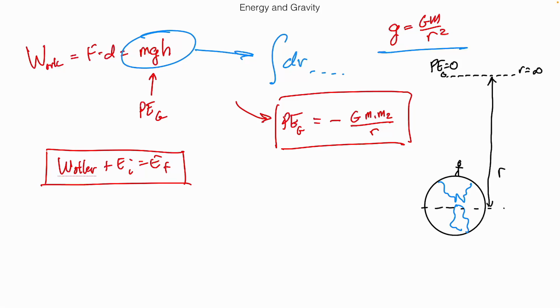Because, again, I'm infinitely far from the table, gravitationally speaking, right? I'm not feeling that gravitational force. But I'm certainly not infinitely far away from the Earth. I need to get far enough away from the Earth so that the Earth is no longer having a significant push or pull on me, right?